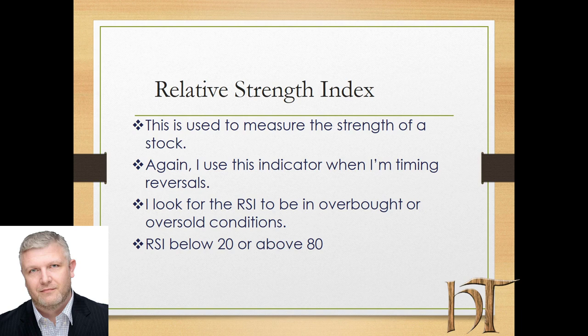Below 20 RSI is considered oversold, very weak. Above 80 RSI is considered overbought and very strong, but they can only remain in those overextended zones for so long. So we look for stocks that are above 80 RSI to short, and stocks below 20 RSI to get in long for a bottom bounce.